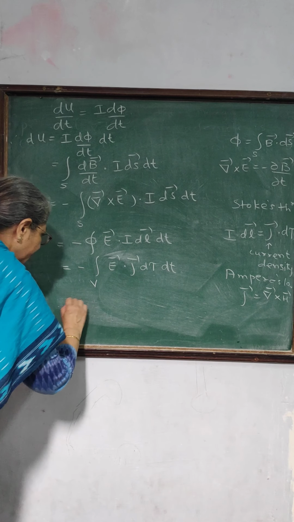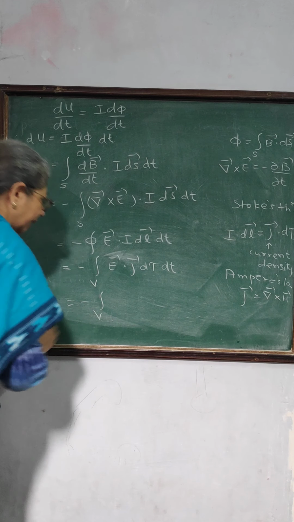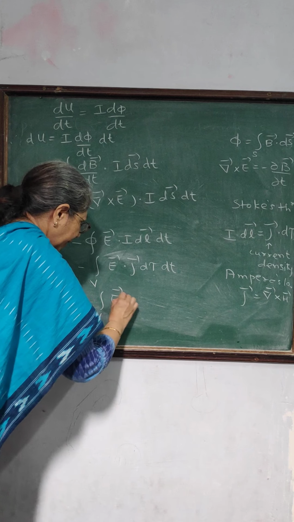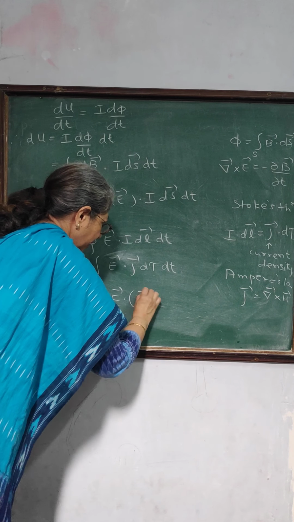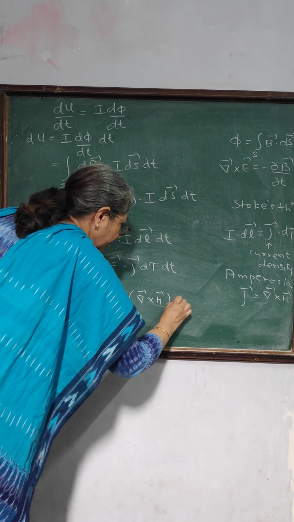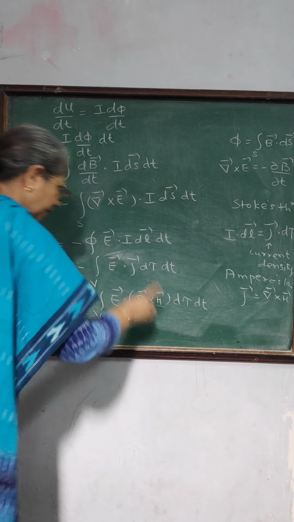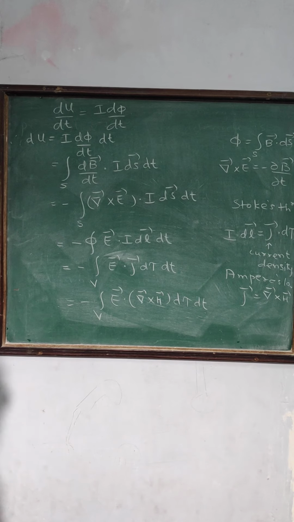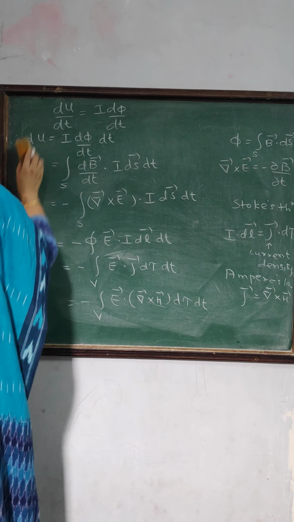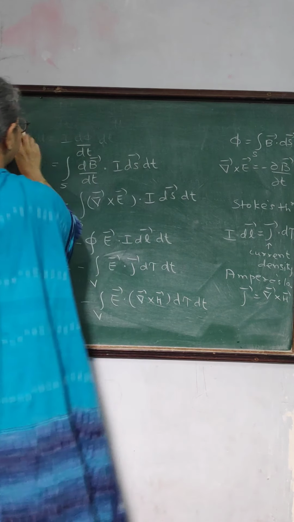So this will become minus the volume integral of E dot del cross H d tau dt.